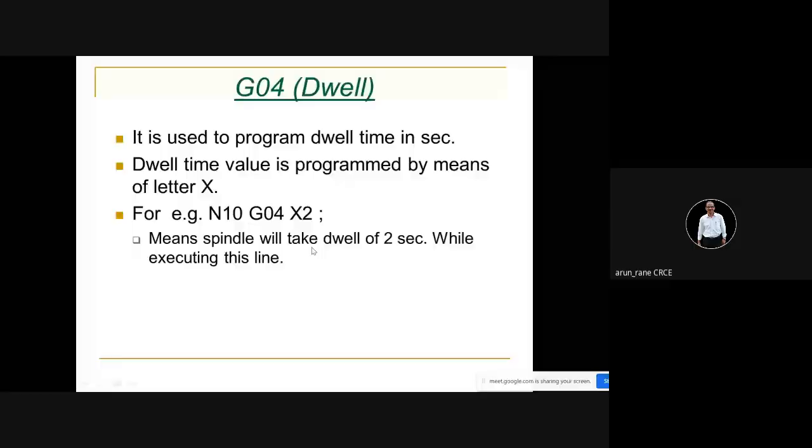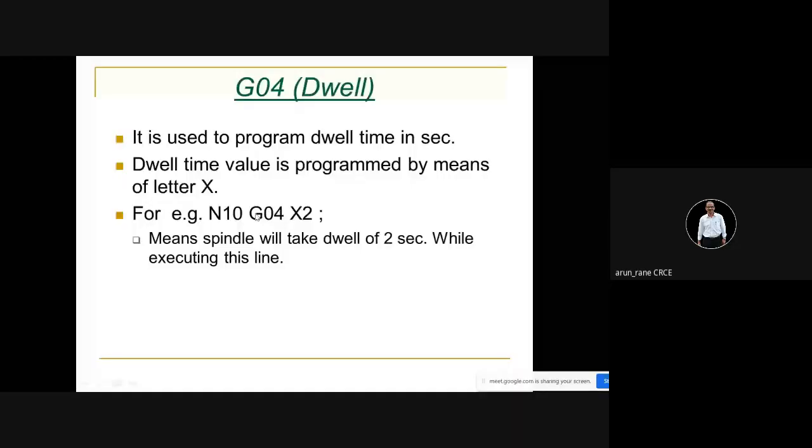There are several controls, but the market is captured by these two, Fanuc and Siemens. So now, N10 is nothing but the block number, G04 stands for the dwell, and X2 means spindle will take a dwell of 2 seconds.